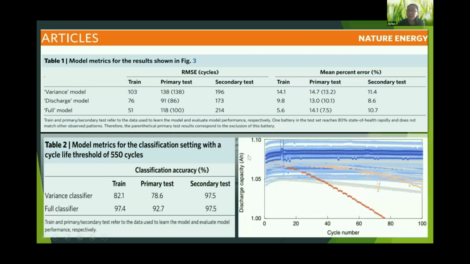In the next graph, you will see a lot of lines. These are the discharge capacity, in the unit of Ah, in response to the cycle number of the cell. Actually, here it should be 124 cells.